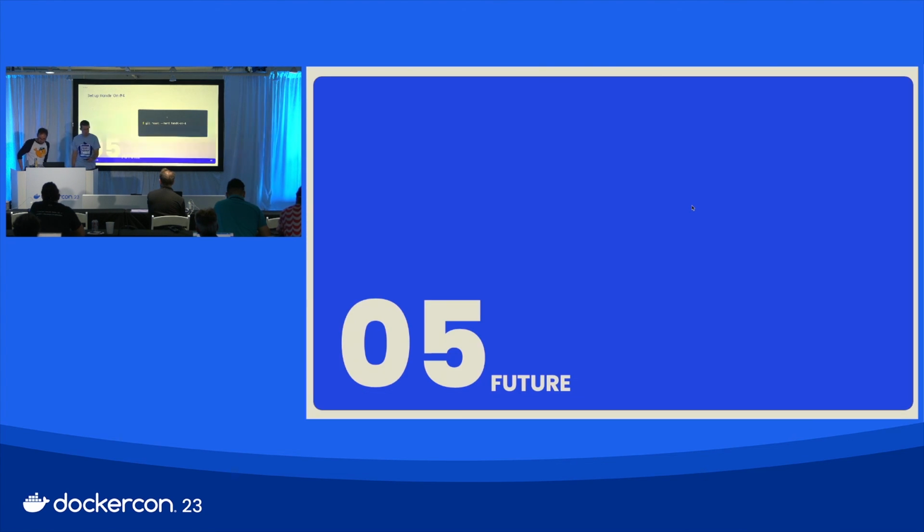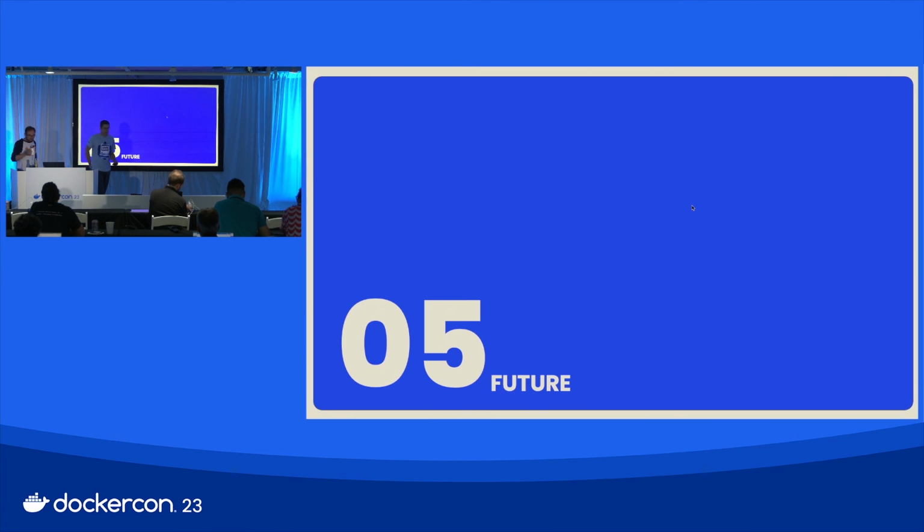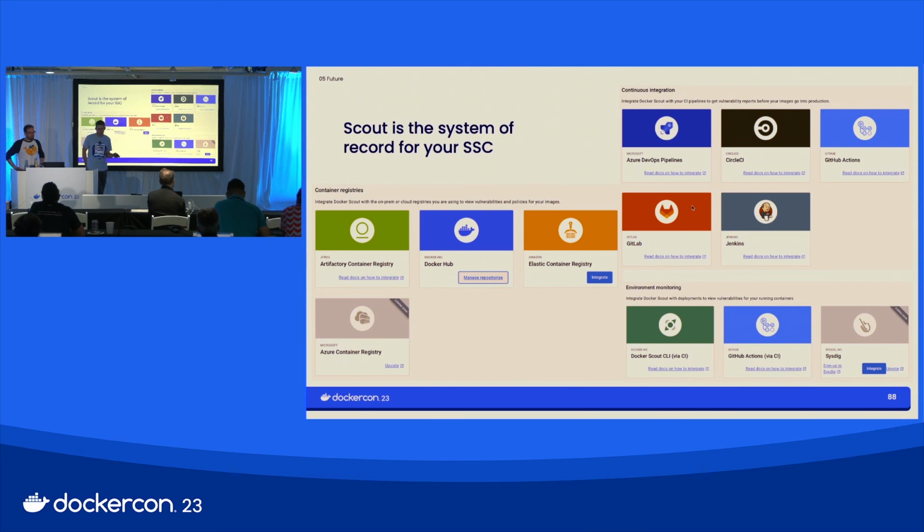All right, so now we're just going to wrap up real quick. I know it's been a long morning, but there was a question earlier about what if I use a different container registry? Scout's aim is to be the system of record for your software supply chain.